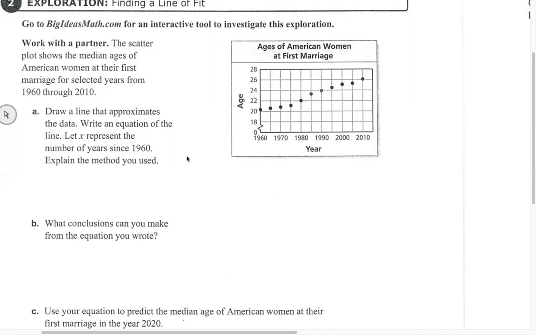All right, let's all do it. Everybody draw a line that approximates the data. See if I can get a better line than that. Yeah, I don't like that one. Sometimes it might take you a few tries. That was pretty good.